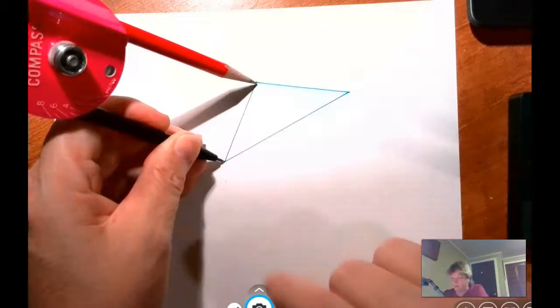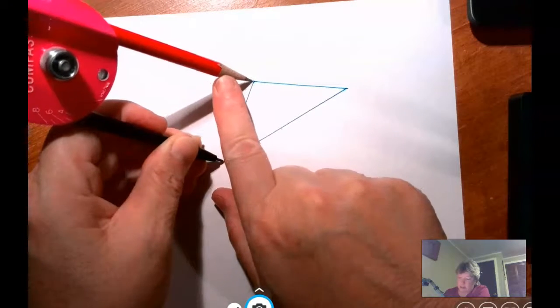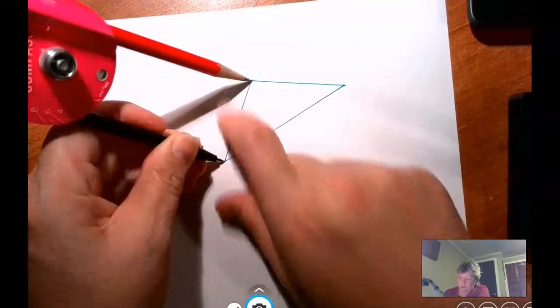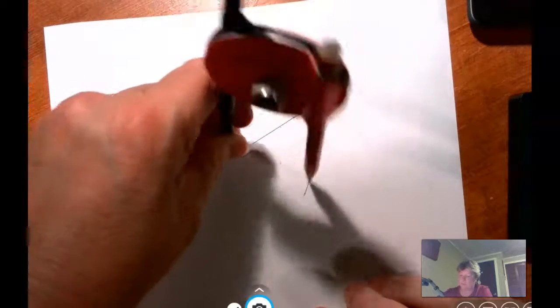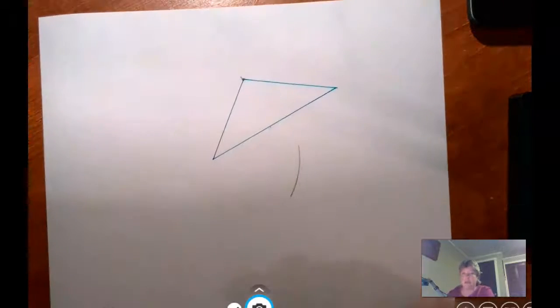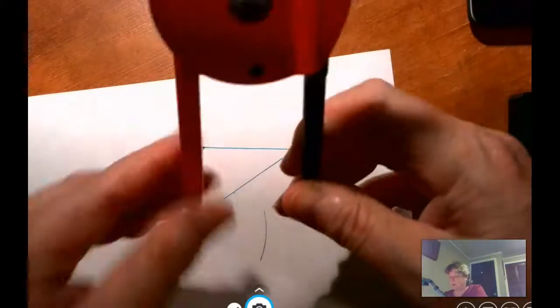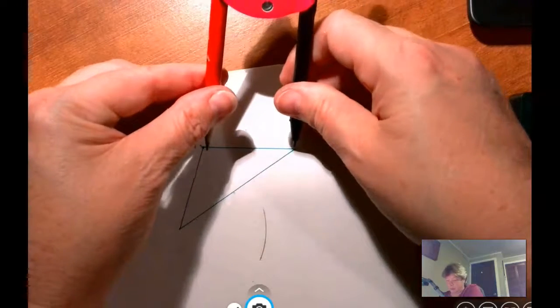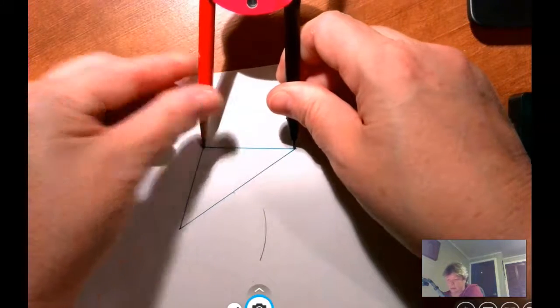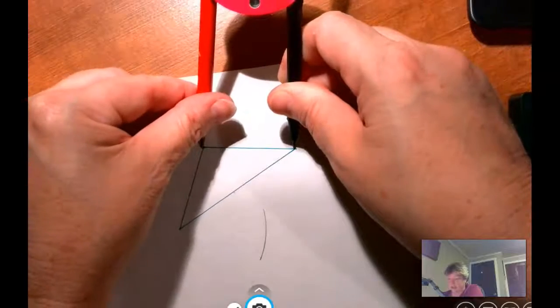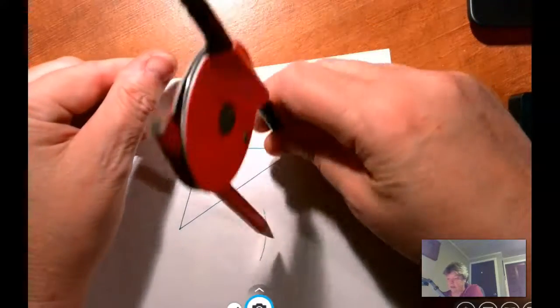And I'm going to do it hopefully carefully enough so that this is the same. And then I'm going to copy that down here. And then I'm going to do the same thing from the other end. I'm going to open up my compass so that I'm going to copy that length right there, that distance, down here. And that's actually all I need.